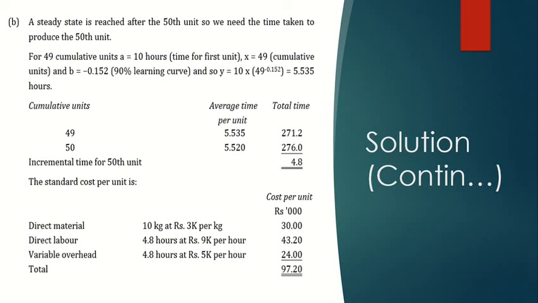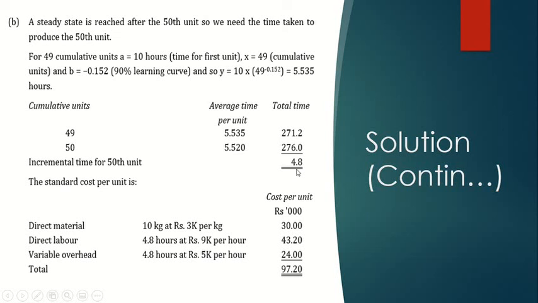After the 50th unit there won't be any improvement in your time, which means it will come to a steady state. Which means the 4.8 will be your maximum situation. That means after achieving the learning curve benefit, this is the best option for you, which means after the 50th unit there won't be any improvement, so this is the improved performance.